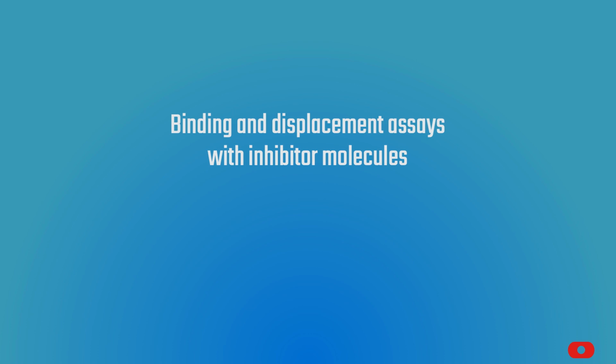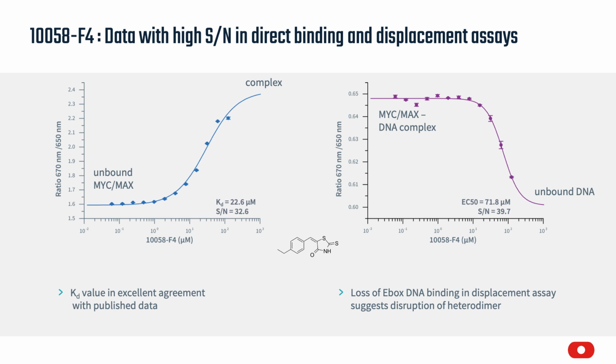So here's how it looked with the inhibitors. We started with one called 10058-F4. It was one that was quite early described in literature. And when we added this to the labeled MYC-MAX, we could see a spectral shift. So there was a red shift of the red dye fluorescence, and the binding here indicated a KD in the range of about 20 micromolar.